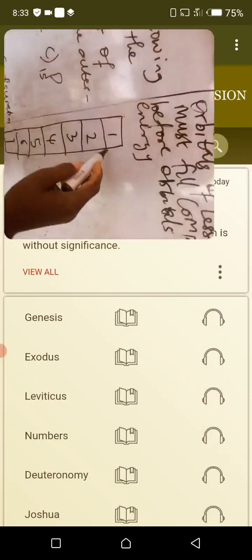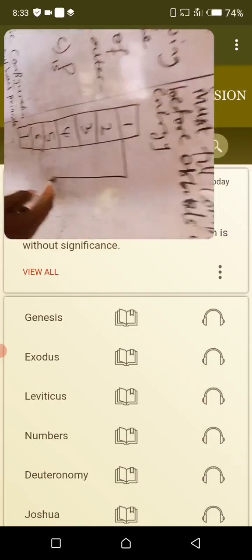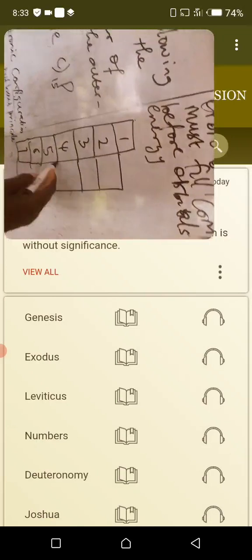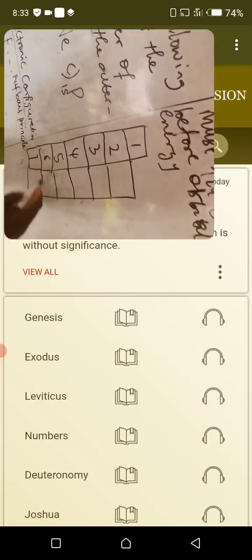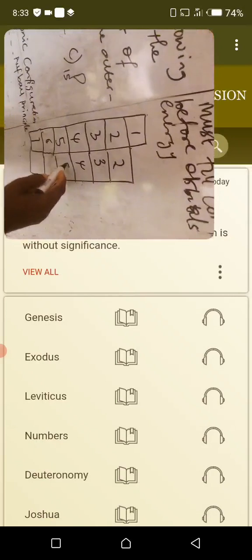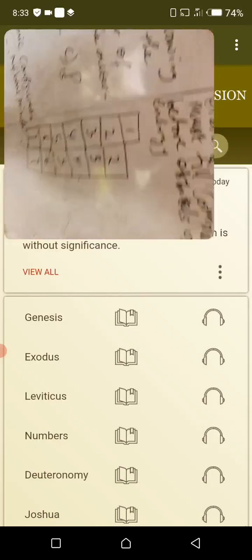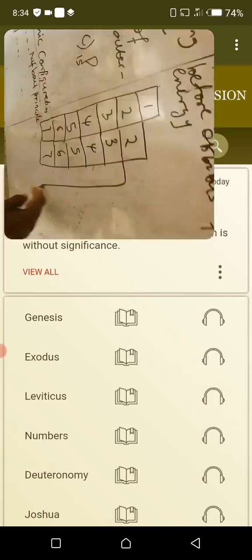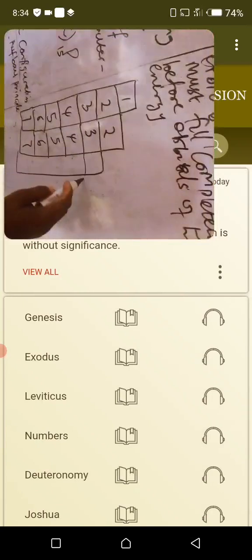Start from the first line, bring it down again to the last. Number it 2, 3, 4, 5, 6, 7. Start from the second line, bring it down again to the last.